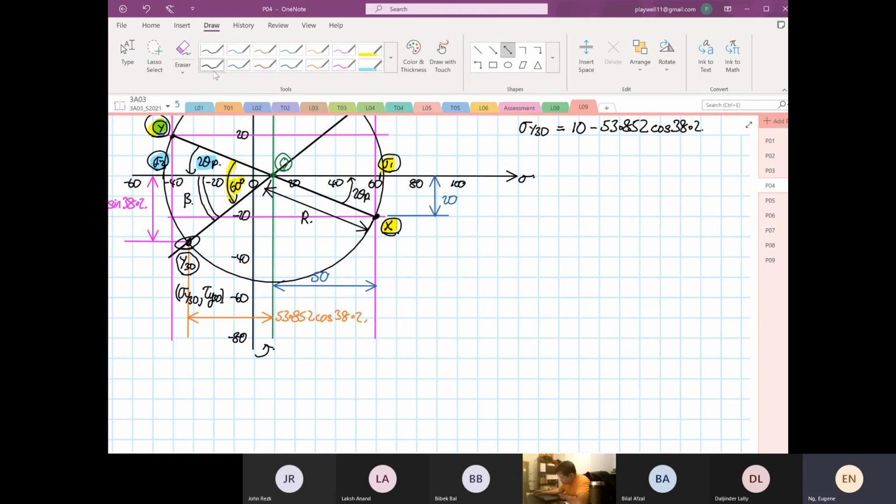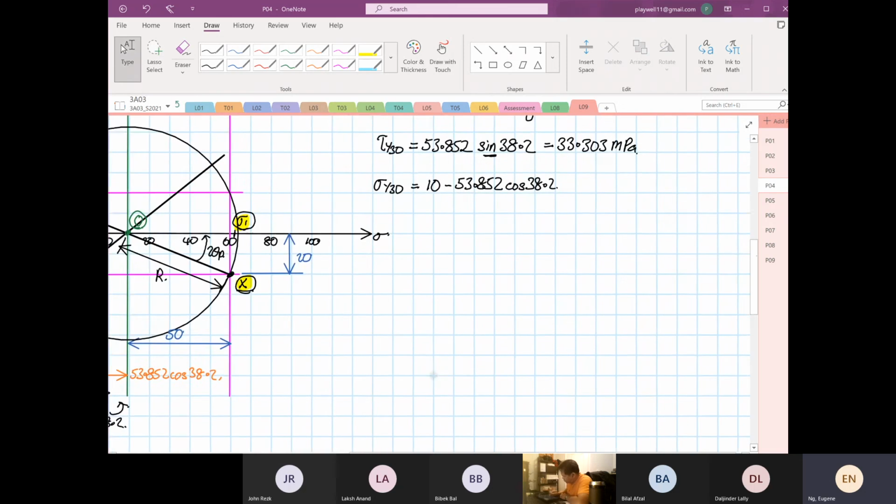So for the distance from here to here, you have to compensate for your 10. So 10 minus 53.852 cosine 38.2. Sorry, cosine.